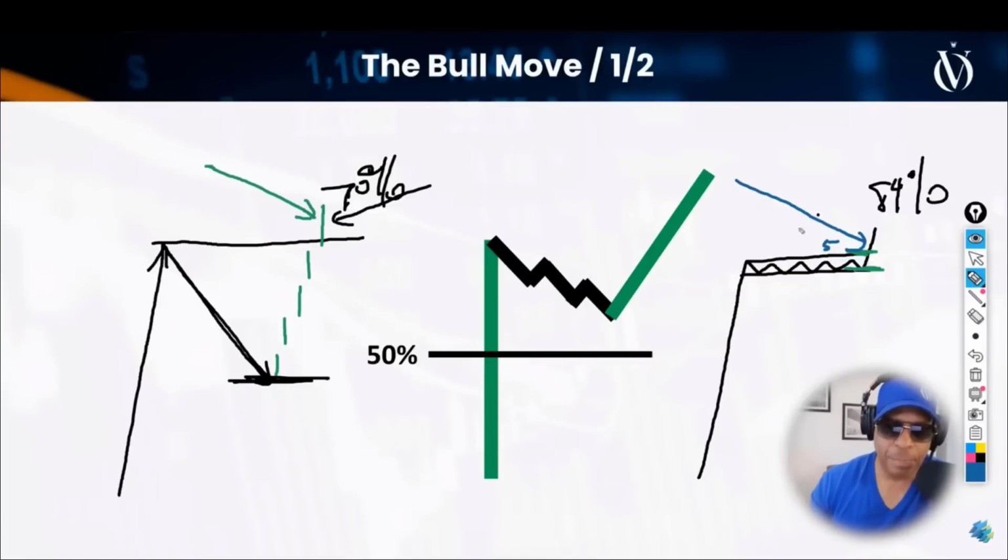All right? But in this scenario, when you're drifting downward, you're not buying here. Oh, no. You're buying there.